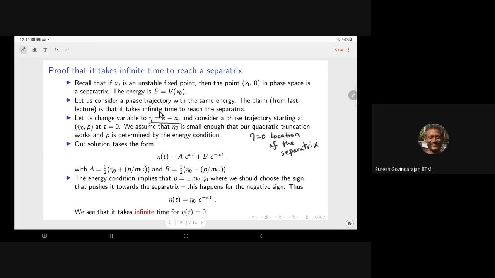So recall, what was the energy condition? E is V of x0, which would be equal to half m, so p naught squared upon 2m plus V at eta naught.